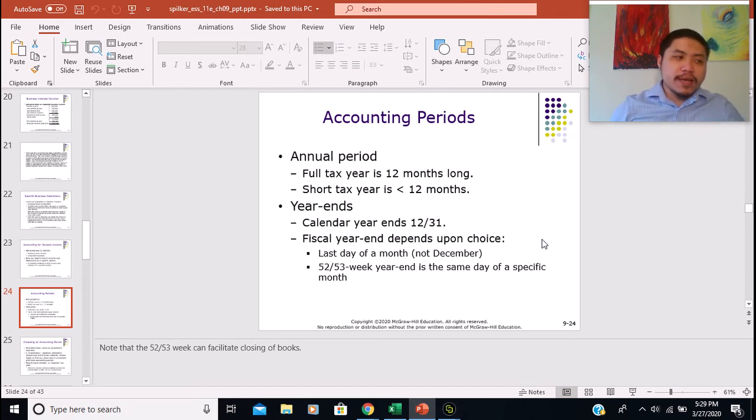As we already talked about earlier in the class, we know that for individual taxpayers, usually the tax year ends on the last day of the calendar year, which is December 31st, right? But that's not the only accounting period that is permissible for taxpayers. For different types of taxpayers, there are different types of accounting periods to choose from.